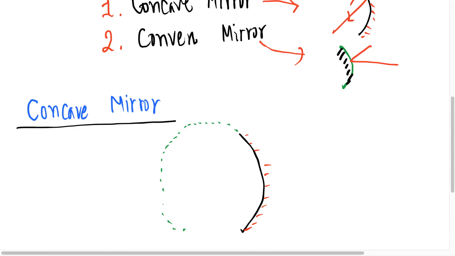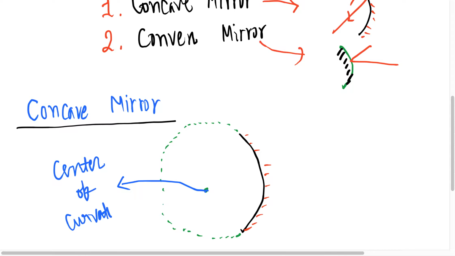So there must be a sphere from which we have got the mirror. The center of this sphere from which you have got this mirror is called the center of curvature. So this point here, I call it the center of curvature. And the radius of this mirror is called the radius of curvature. So this radius R is called the radius of curvature.